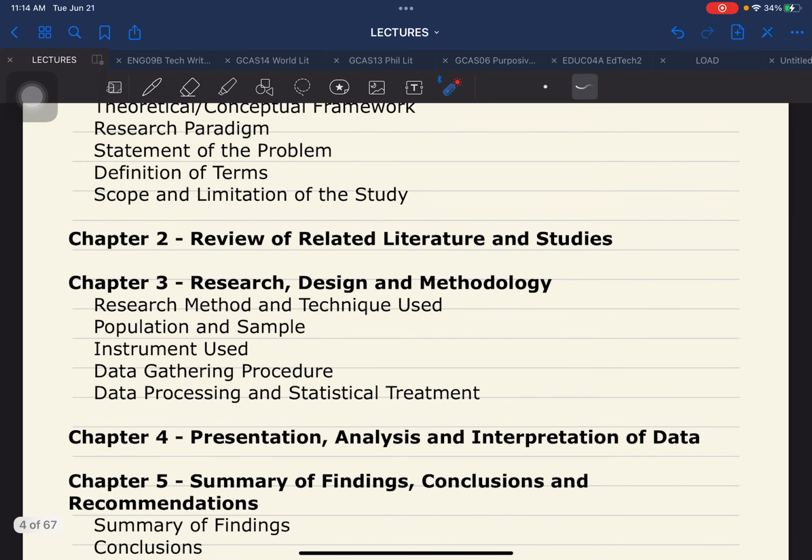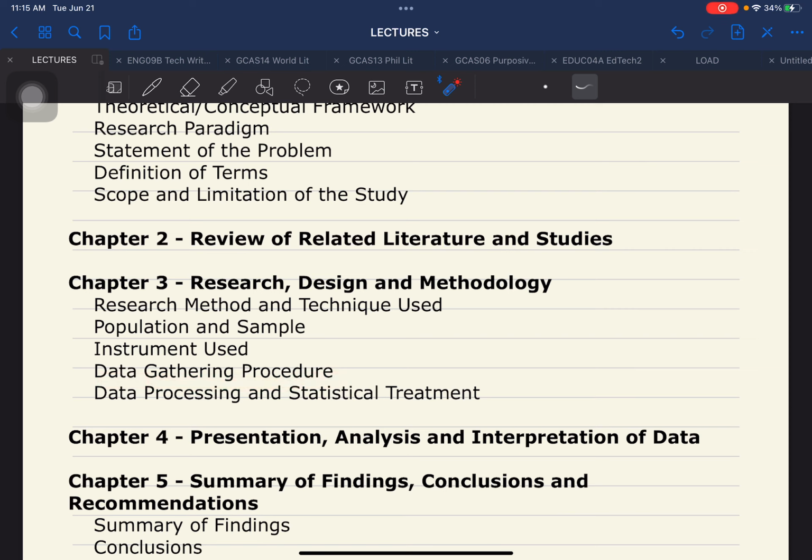The next chapter is the research design and methodology. Research design and methodology, so there is no comma there. Research design and methodology will present the method and design that you used. This includes the following. So you have a description of the parts that need to be included in this particular chapter, including the population and sample of the study, the type of instrument that you use, the data gathering procedure, and the data processing and statistical treatment.